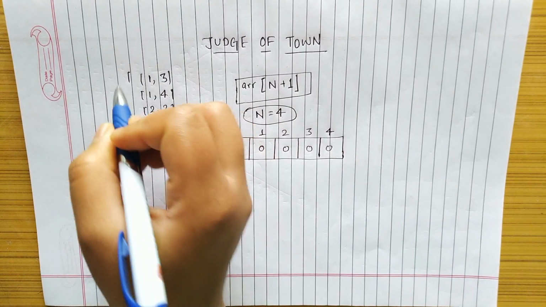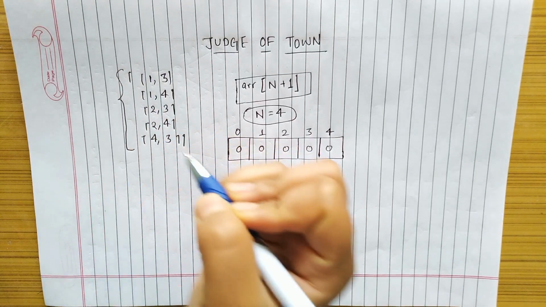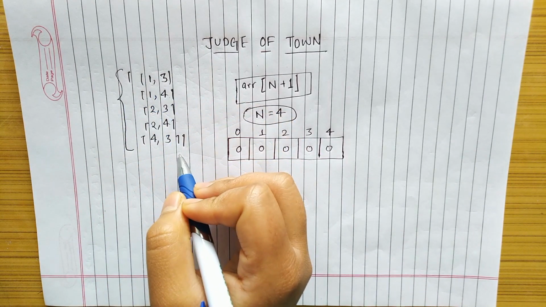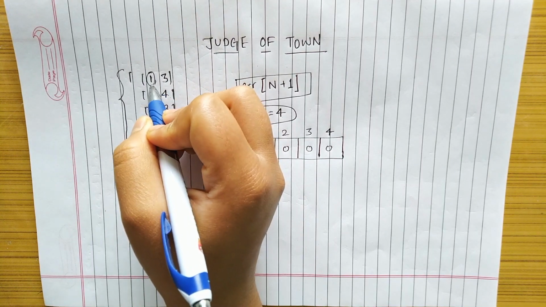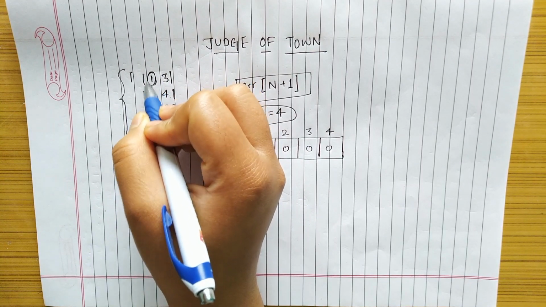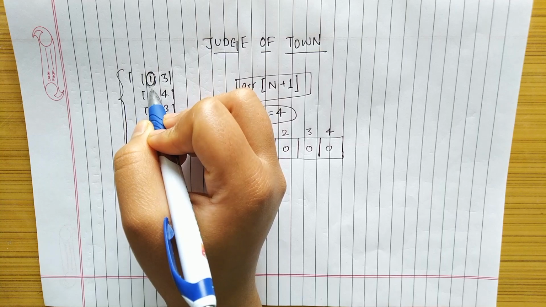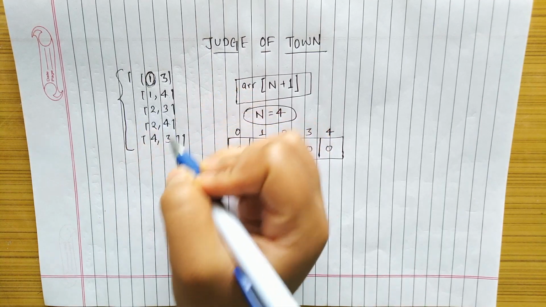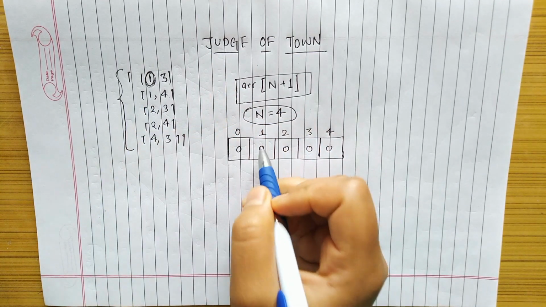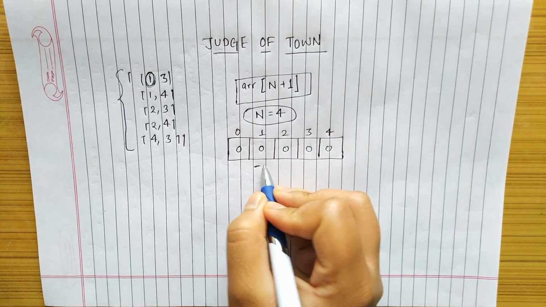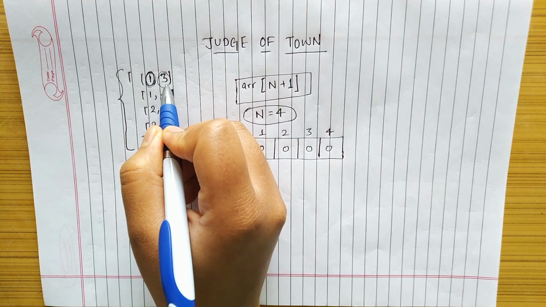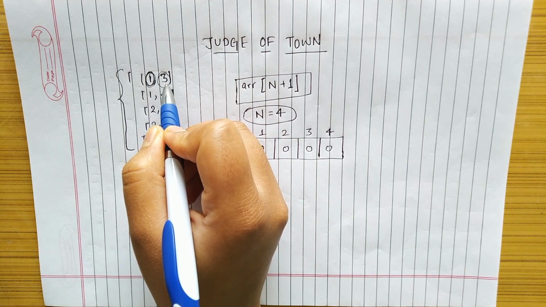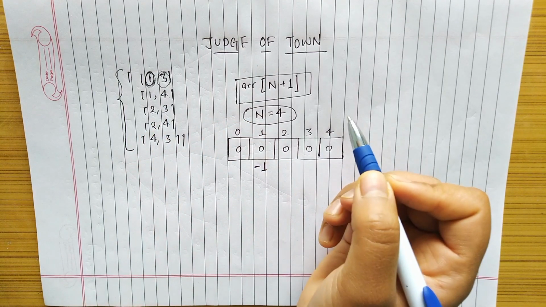Then we traverse this vector or matrix, and first check this value. If a person occurs on this side, it can never be a judge, so its trust value will be decremented. So for 1 we decrement 0 and make it -1. For the next value 3, it can possibly become a judge, so we increment the trust value.